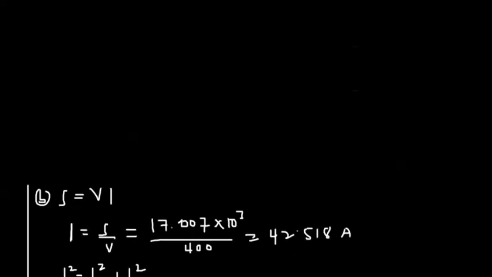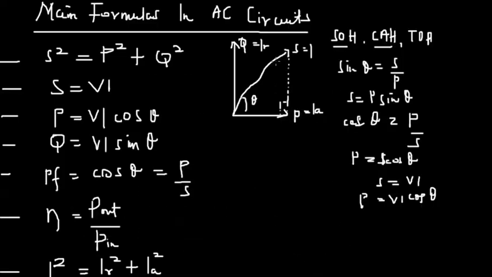That's why from the beginning I stated that once you know this diagram, you can prove other formulas. So let's try proving IR. Let's say this imaginary and this are the currents. So let's use SOH CAH TOA. These are 90 degrees angle. Let's use sine.